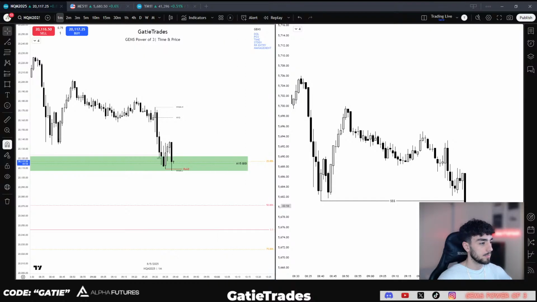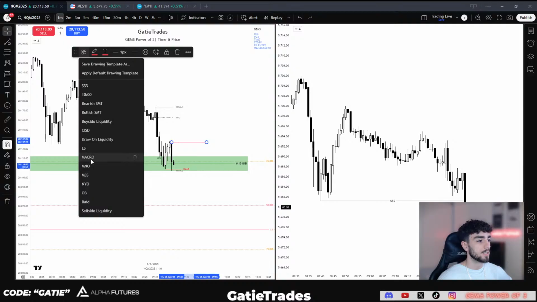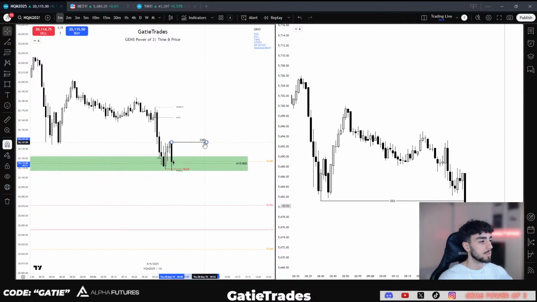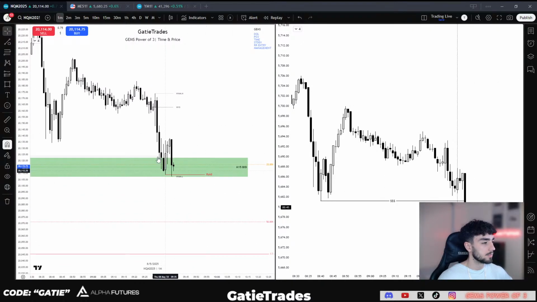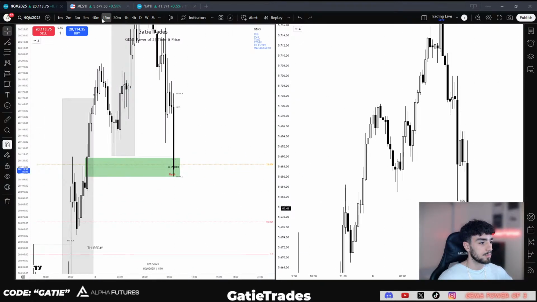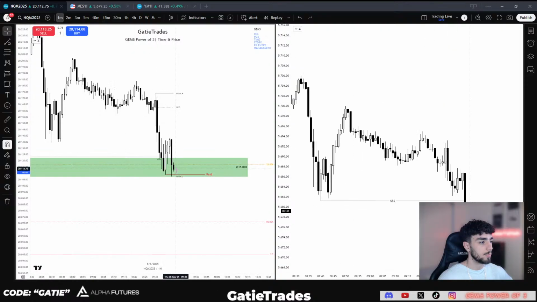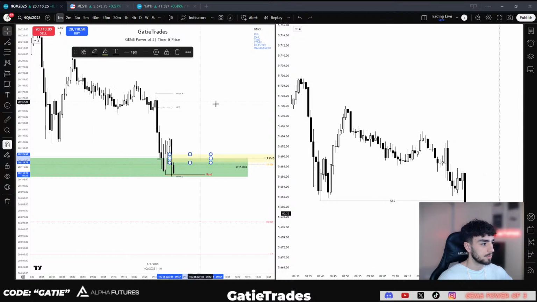This will become a change in the state of delivery, and I think I would take this CISD if it forms, just because of how we touched the low, the fair value gap on the 15, and if we can get a fast inversion here, for example.